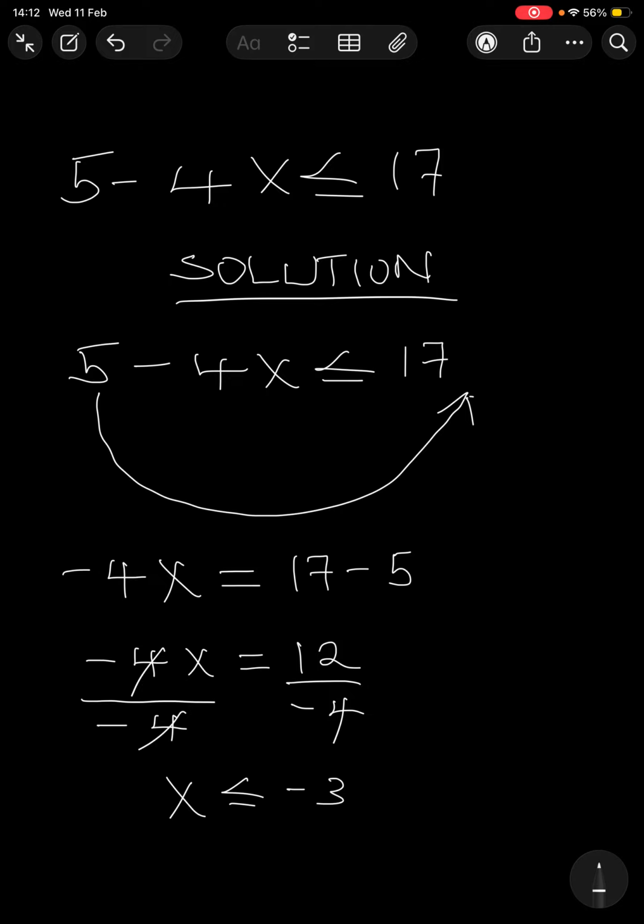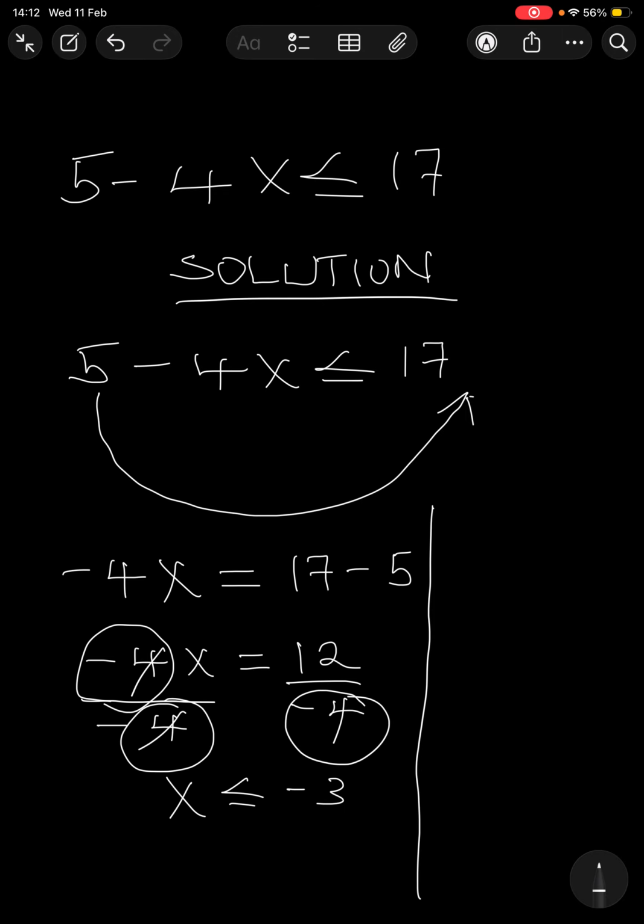Then there is the point that I have indicated, that is point number 5. When you divide both sides by a negative number, you change the inequality sign. As you can see, we have divided both sides by negative 4. So when you divide by a negative number, you change the direction of the inequality.